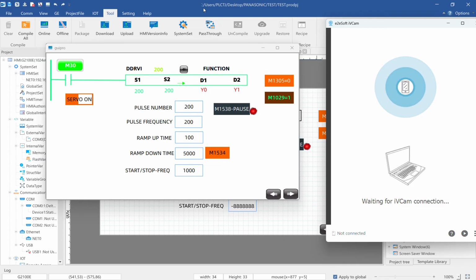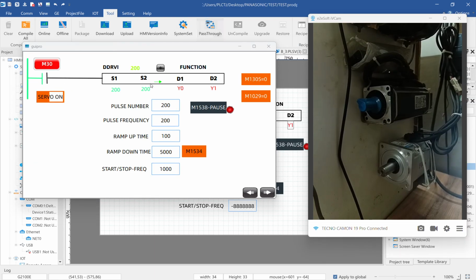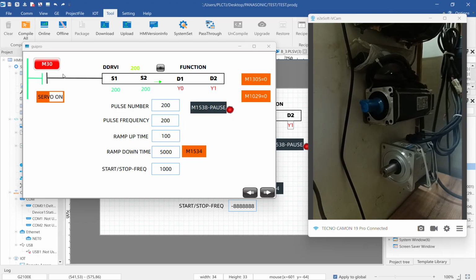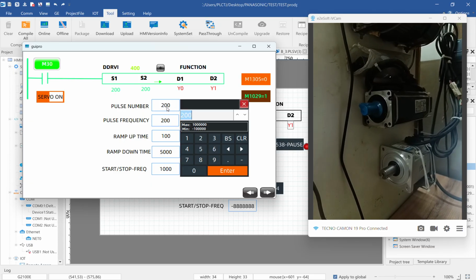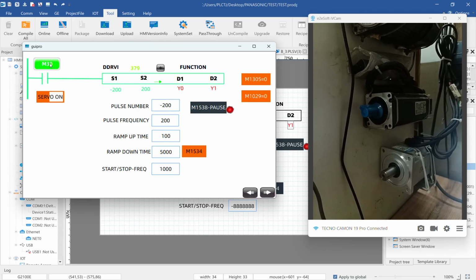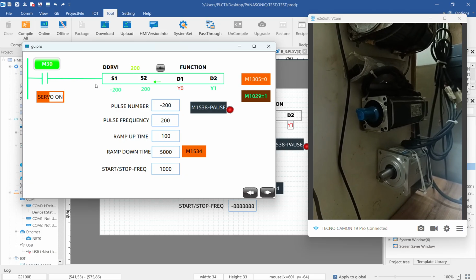Now you can see one rotation moved, and if I give the run command again, it is adding. If I change the direction and come back one rotation, you can see the position is decreasing. This is my actual position here.